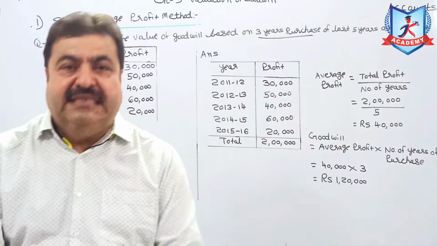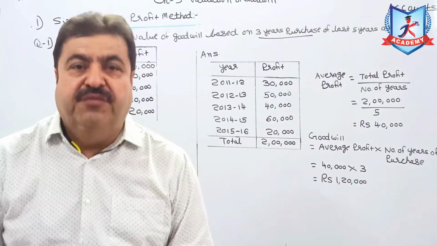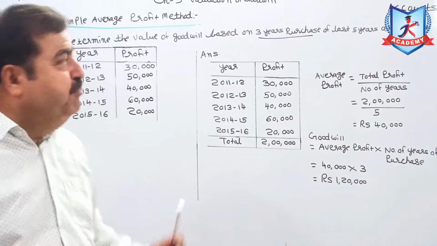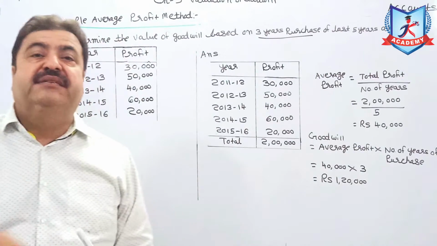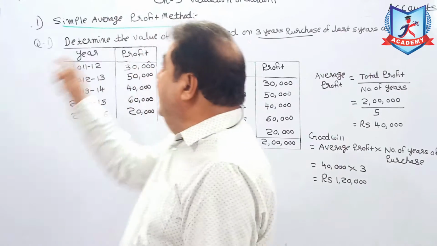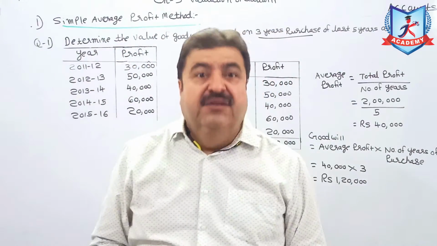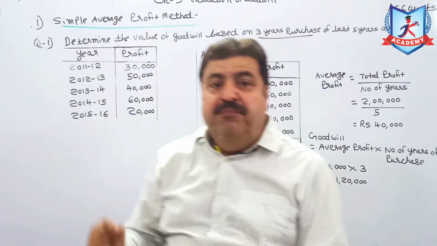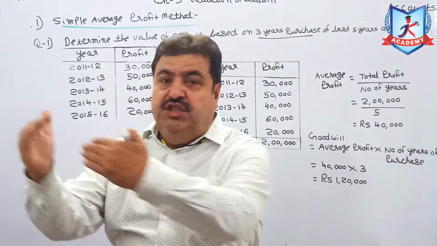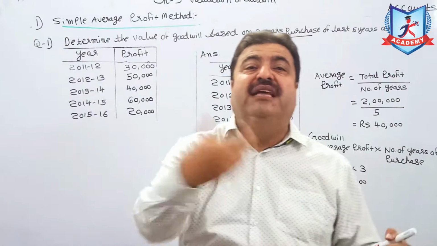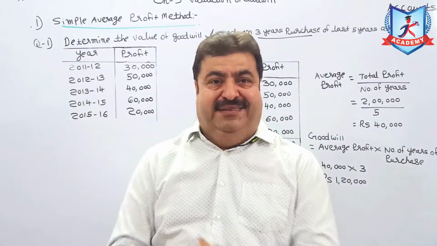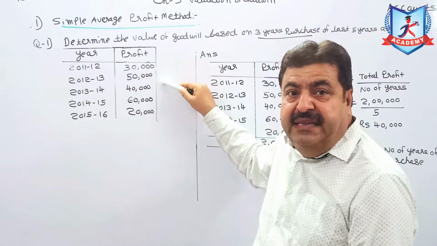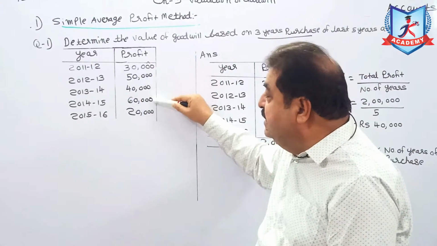Friends, let us start now. The first method of valuation of goodwill is the simple average profit method. We use this method when the profit is fluctuating, irregular. It fluctuates like this: first year 30,000, then 50,000, then 40,000, 60,000, 20,000.